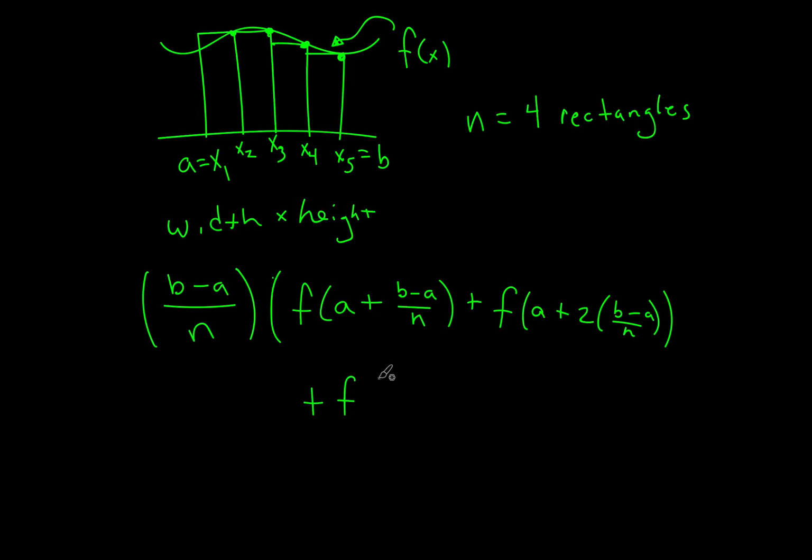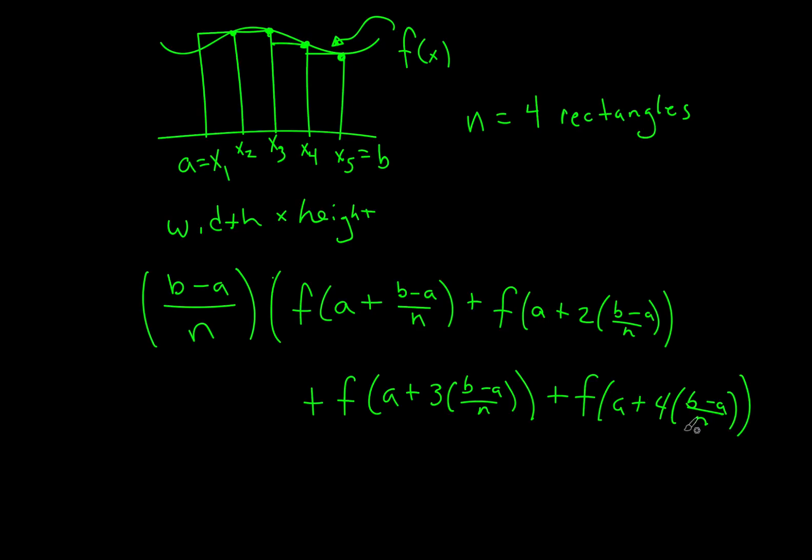Similarly, the next one would be 3 widths over, so plus 3 times b minus a over n. And finally, the last one would be 4 rectangles over, 4 widths over.